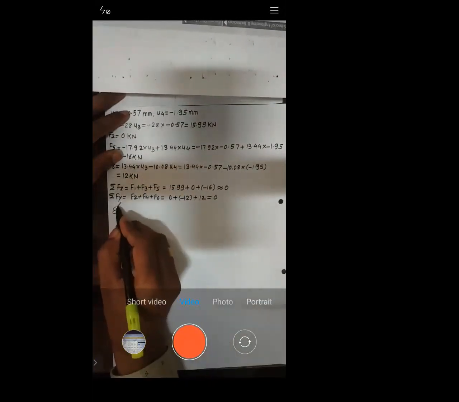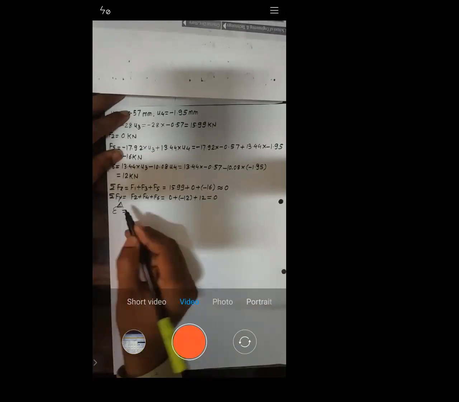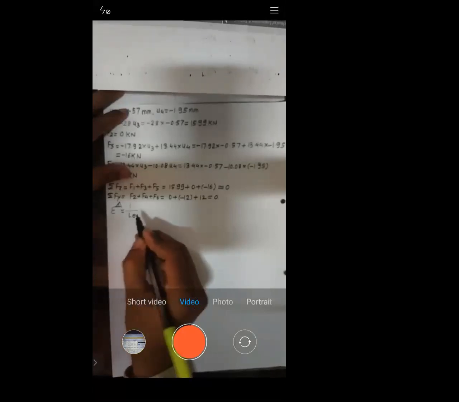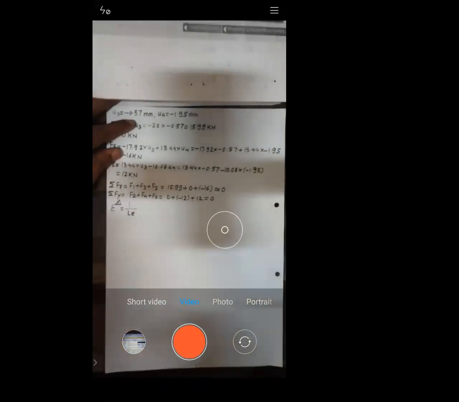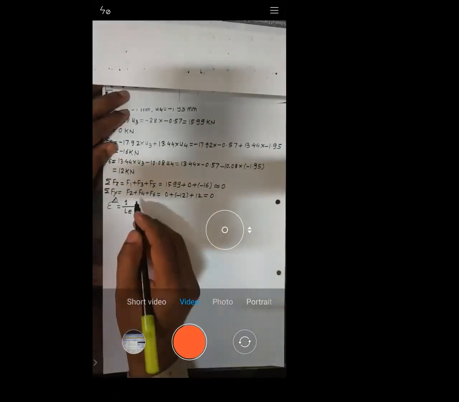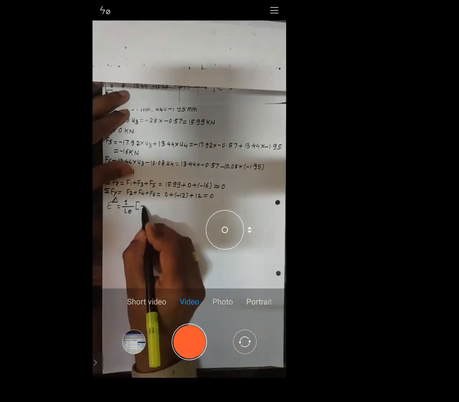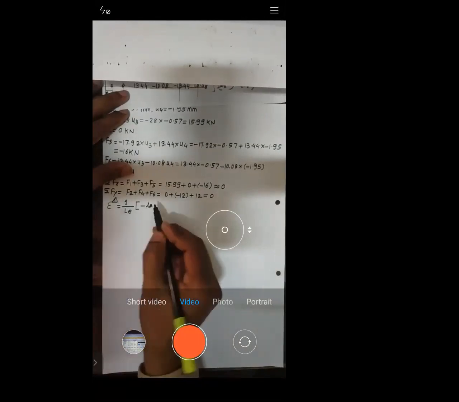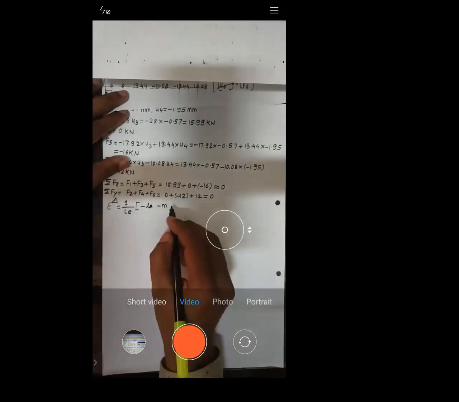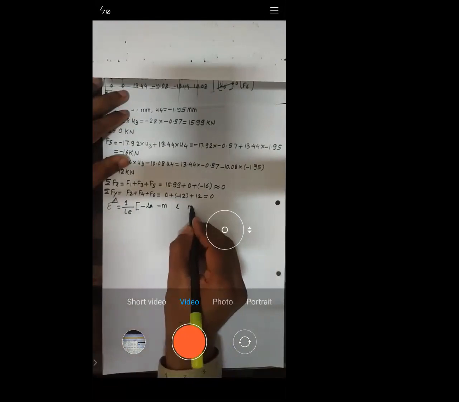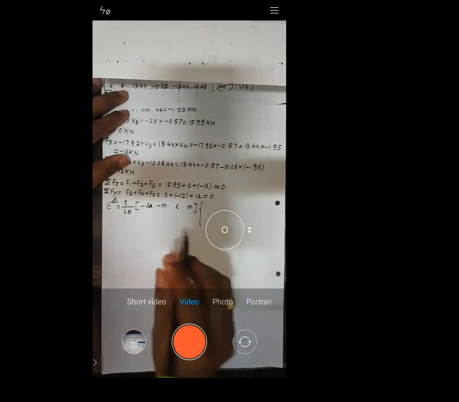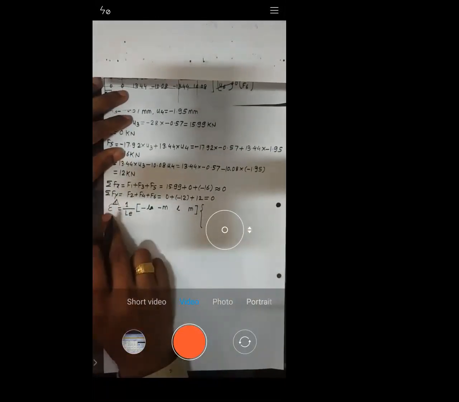So strain induced in element number 1 is given by 1 by length of element number 1, into bracket minus L, minus M, L, M. Try to understand, strain in element number 1 is given by 1 by LE.